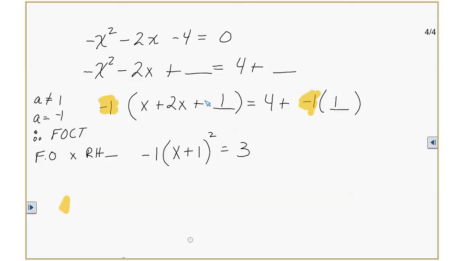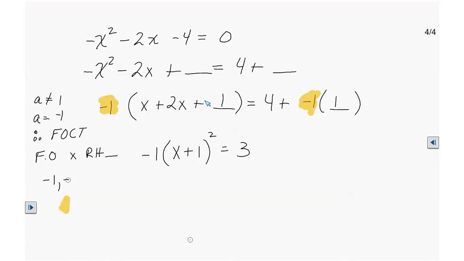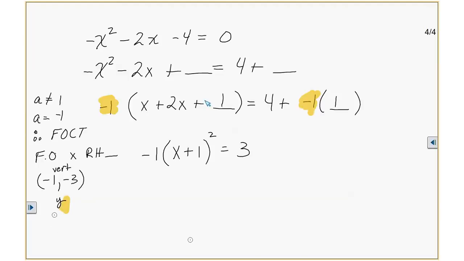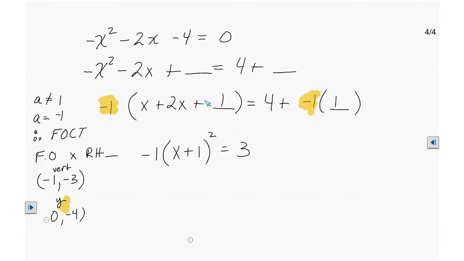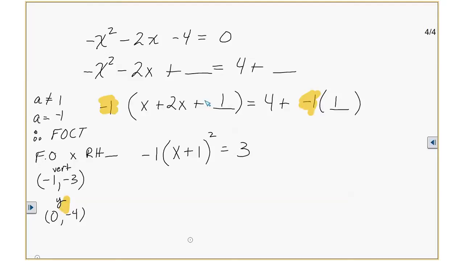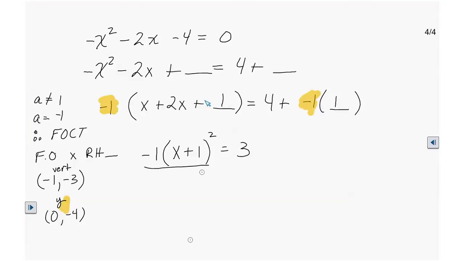So here I've got a vertex of (-1, -3). That's my vertex. And my y-intercept is (0, -4). And now we solve for the x-intercepts. x plus 1, quantity squared, is equal to -3.